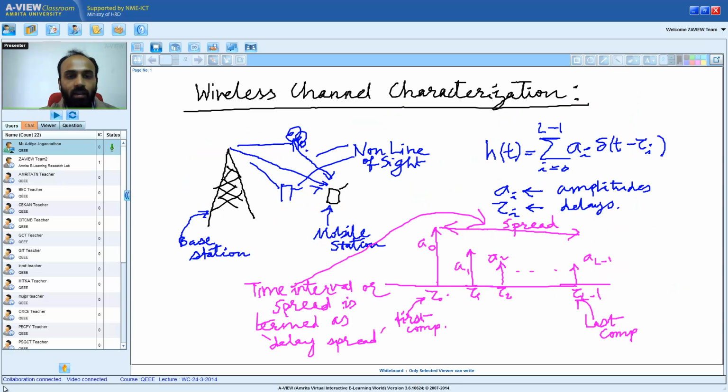If everyone remembers, we said the first arriving component is tau naught, and the last arriving component is tau L minus 1. Therefore, one can say the delay spread is simply tau L minus 1 minus tau naught, which we can call tau max, the maximum delay spread.